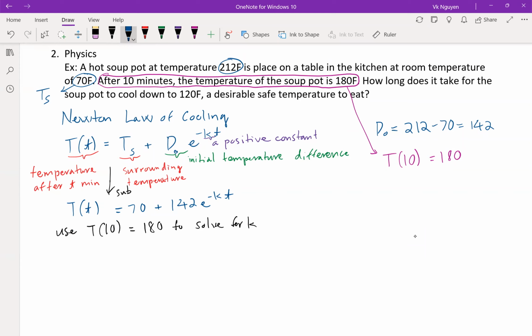Okay, let's do the substitution. 180 is 70 plus 142 e to the negative k times 10. Minus 70 on both sides. We have 110 equal to 142 e to the negative 10k.